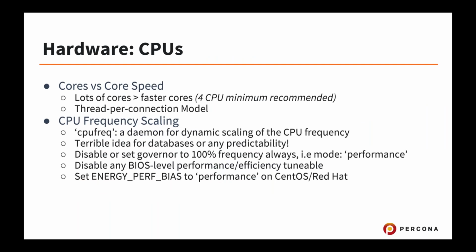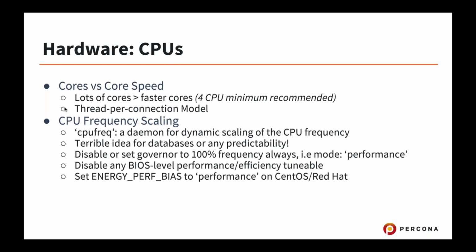CPUs are another one, which is important more so with the newer engines that use compression. It's important to know that the gigahertz of your CPU is less important than how many cores it has. With MySQL and Mongo, anything using a thread per connection model, because every connection creates a new thread, which is assigned to a CPU, it's better to have more CPUs than necessarily very fast ones, which will have a lot of contention when, let's say, 10 connections are pinned to that CPU.